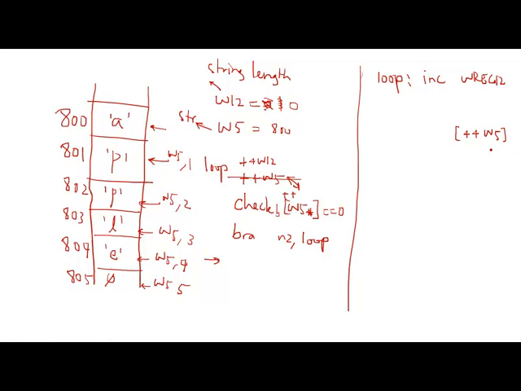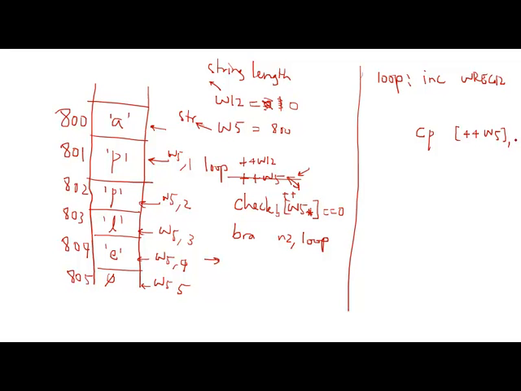And the reason I have plus plus before it is because I first wanted to advance like this and then do the check. Now, how do I check to see if a value is 0 or not? Well, I need to go back and check the manual, but I guess one way that you can do it is initially you could set W0 to 0 and then do a compare. I mean, that's one way of doing it.